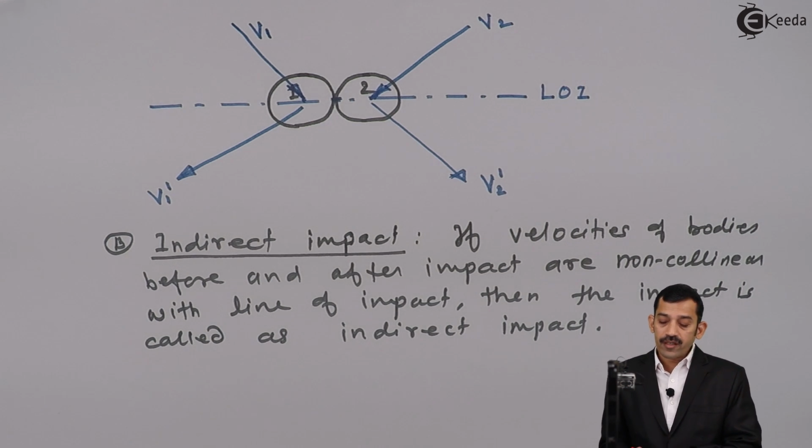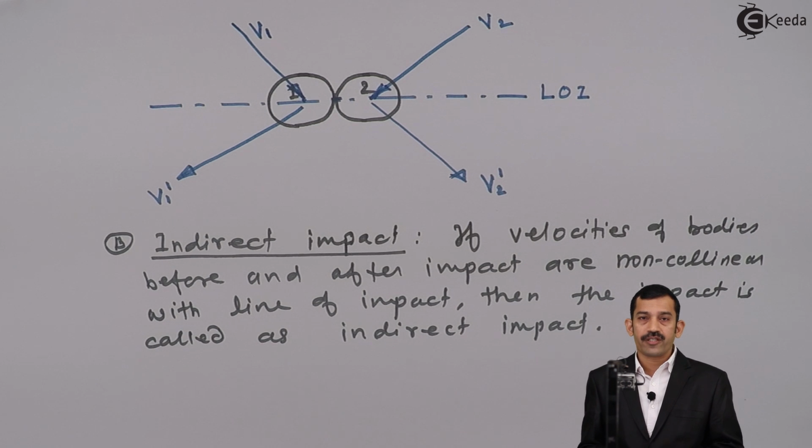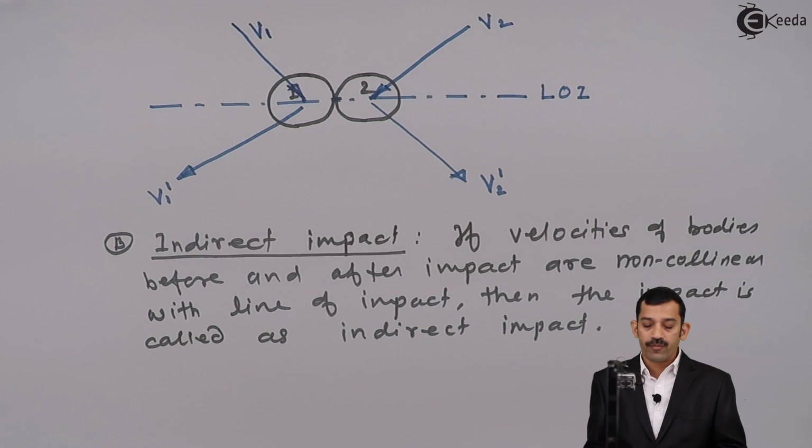Here the components of velocities which are along the line of impact vary as per law of conservation of momentum and coefficient of restitution. Only the components along the line of impact vary, and the components which are perpendicular to the line of impact remain the same after impact.